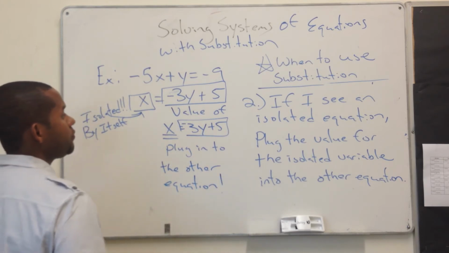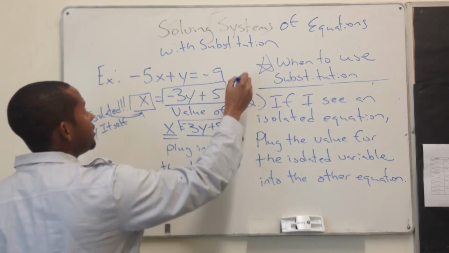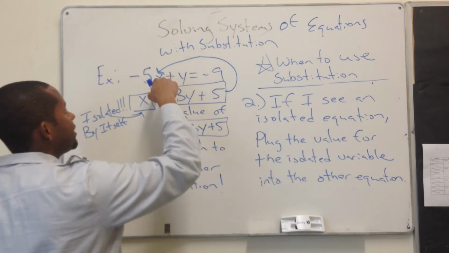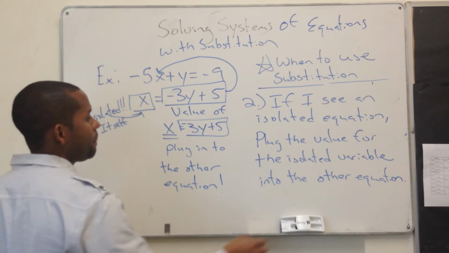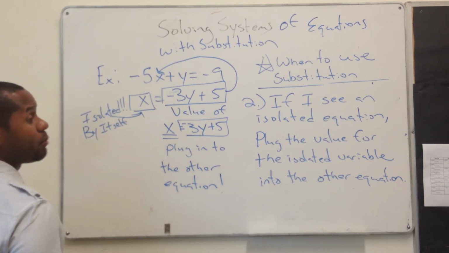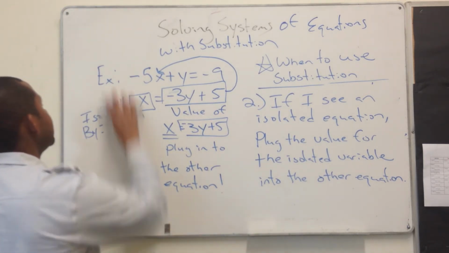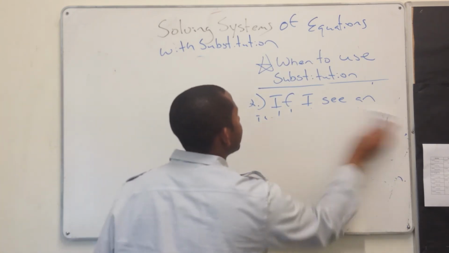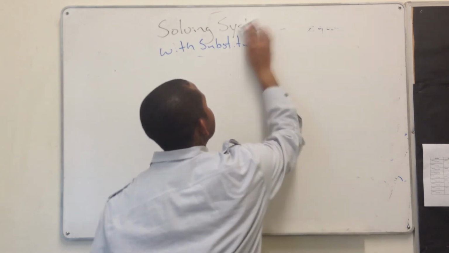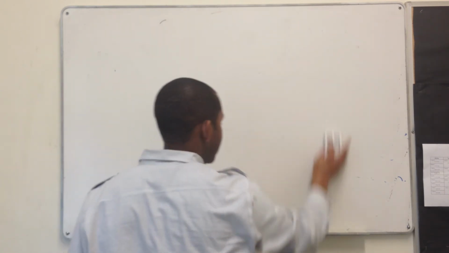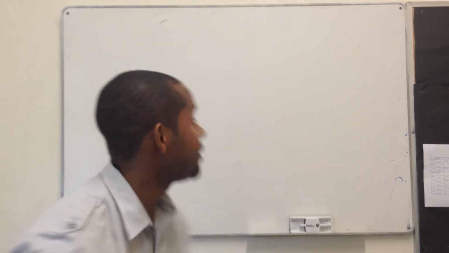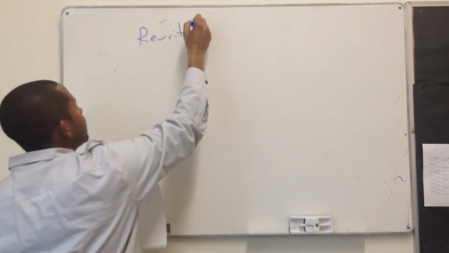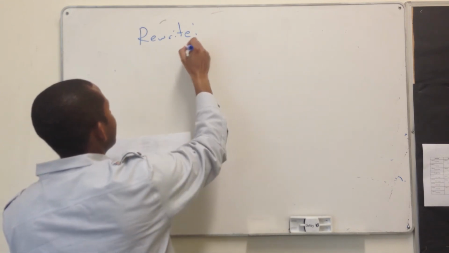I'm going to take this and plug it in place of this x. We're going to rewrite this so you can do the work of it, and you're going to rewrite too. In substitution, it often works to do them side by side.